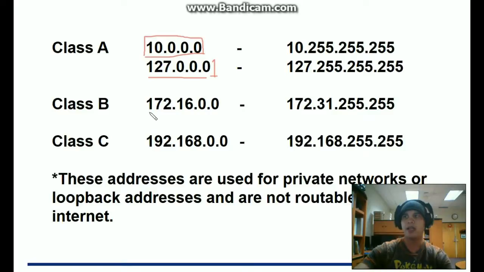For Class B, it is 172.16.0.0 all the way to 172.31.255.255. And then Class C, anything that starts with 192.168, bam, automatically reserved, not allowed to be on the internet. 9 times out of 10, this is probably your personal address space for your home router.